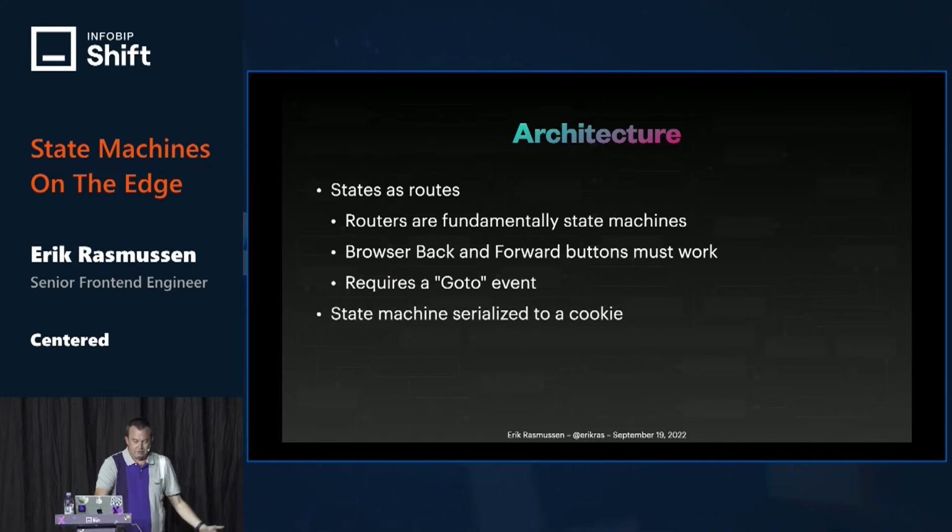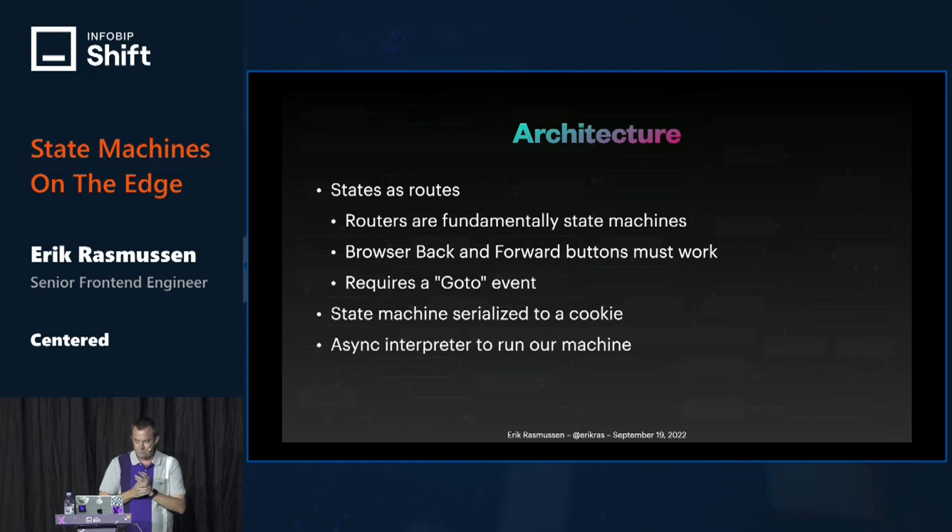Like I said, we're going to store our state machine serialized to a cookie, and we're going to use that async interpreter function to run our machine. And we're going to use Remix as our platform that we're going to build this on. And I don't know if you saw the demo earlier with Remix, but Remix really loves going back to the web fundamentals and submitting changes and stuff using form data.